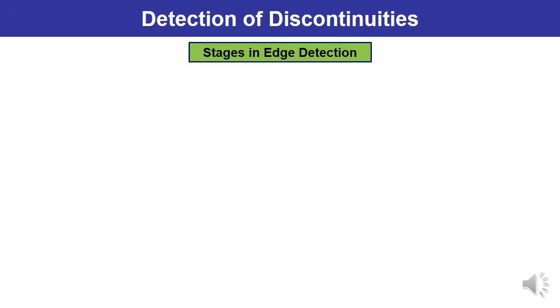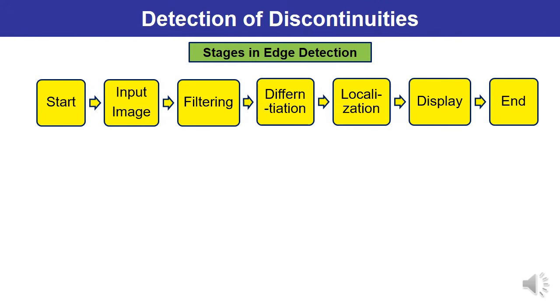Let us discuss the stages in edge detection. Edge detection is going to be useful for image segmentation, and here the idea is to detect edges, that is, sharp changes in image brightness, which can be captured by various properties. The edge detection process can be summarized in this particular diagram. First is the start.